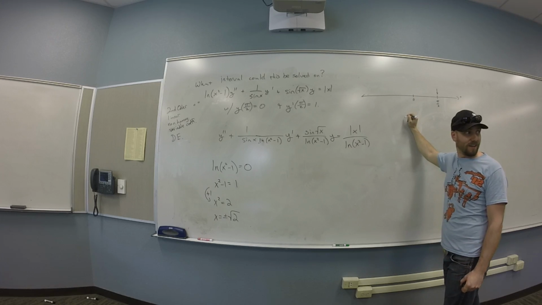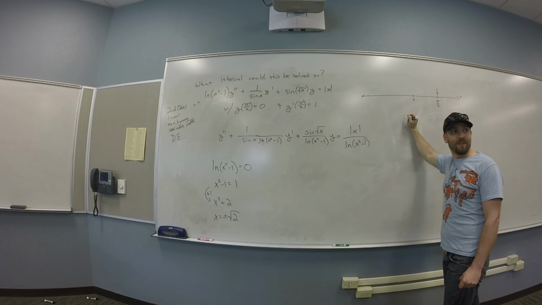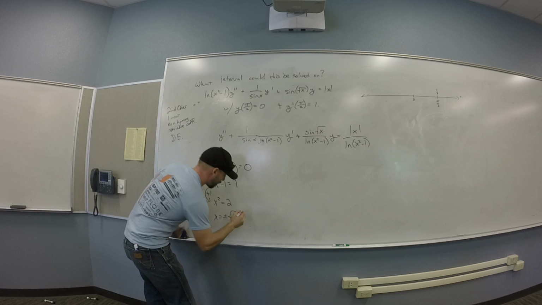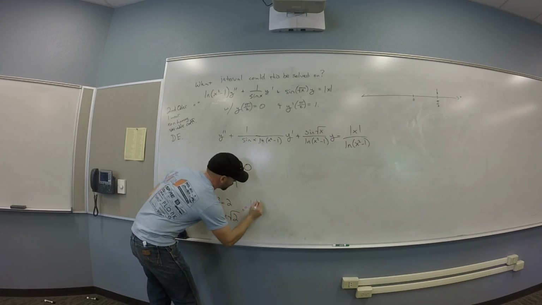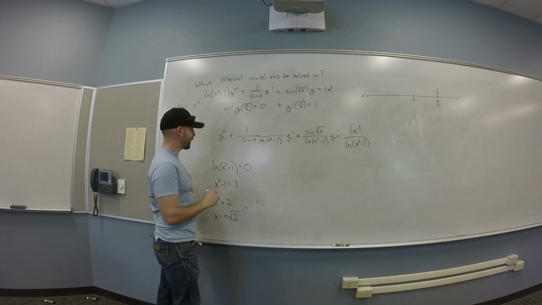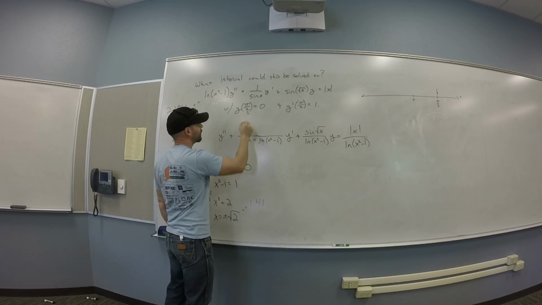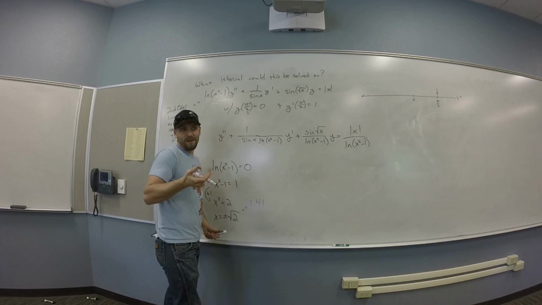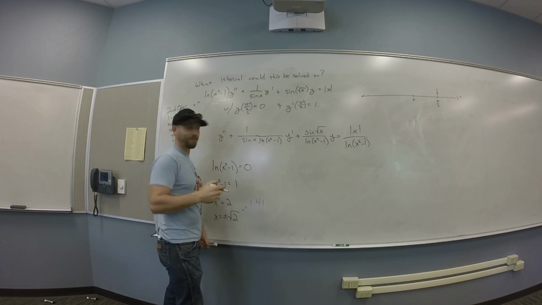How'd you get that? 1.414 versus 1.7. You recalled that root 2 was 1.41, and then you looked at pi over 2 and thought, well, pi is about 3, and when you divide by 2, you get a bit bigger than 1.5.